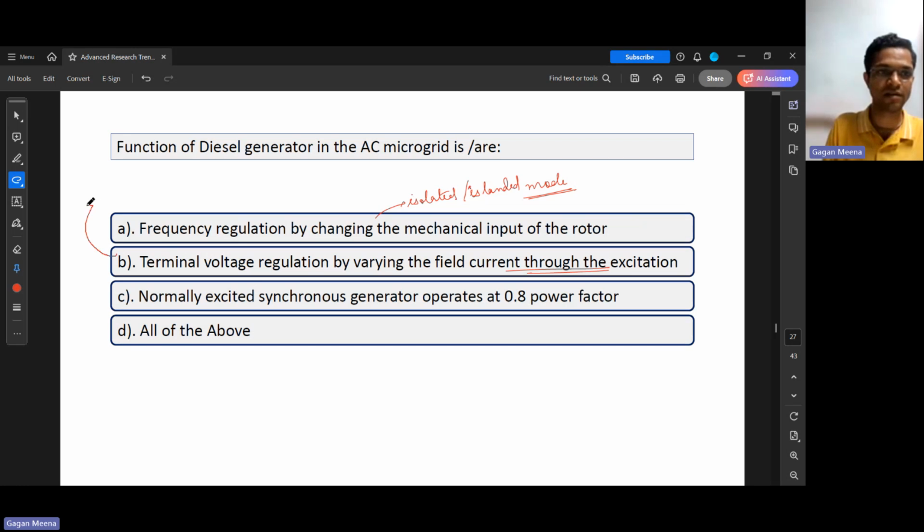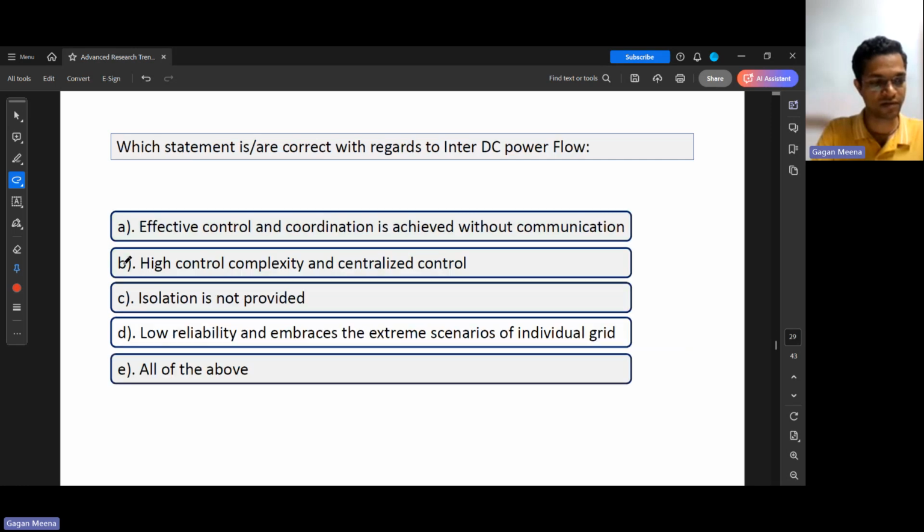Yes, this is in the grid connected mode. And normally excited operation, no, this is not correct; it will operate at UPF. Functions A and B are correct in this case. Yes, very good.